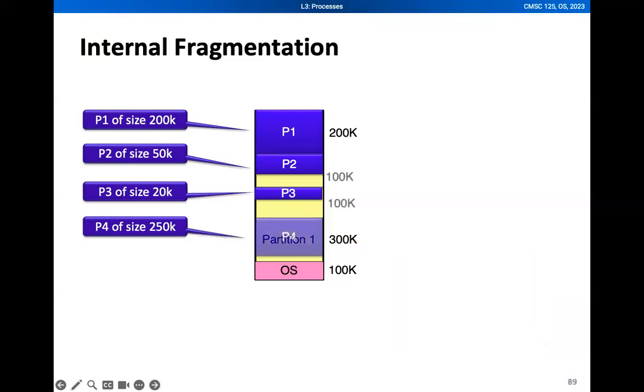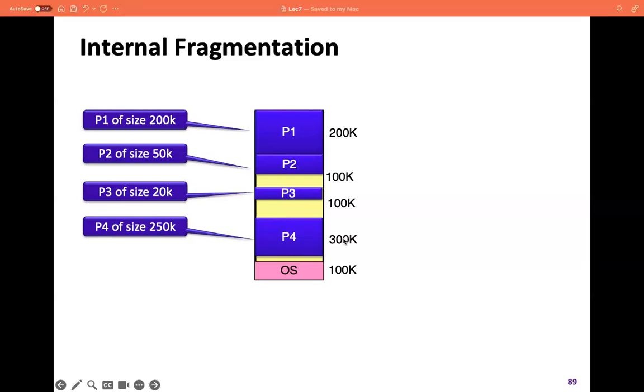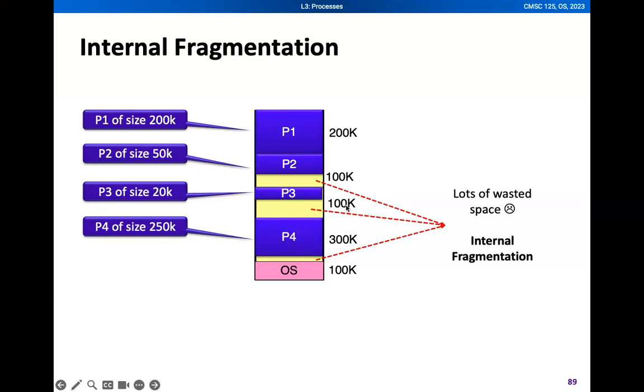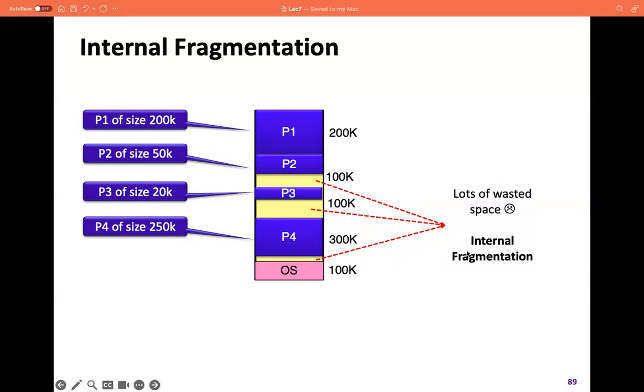Same for P4. P4 is also allocated with 300K when it only needs 250K. So there are a lot of wasted spaces, and this leads to internal fragmentation, or the wastage of memory within a particular block or partition allocated to a certain process.